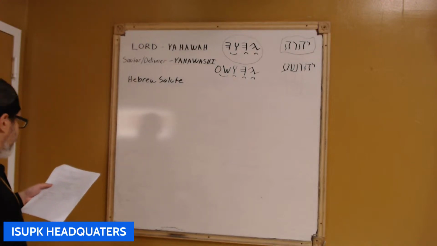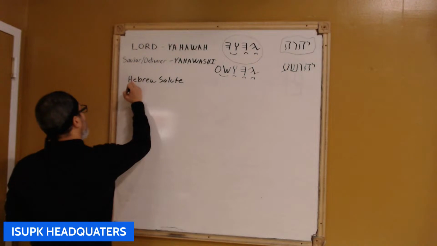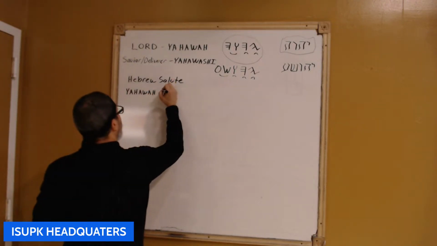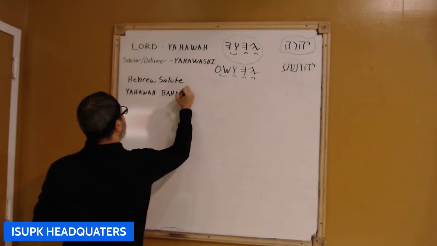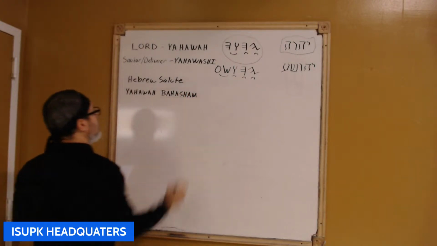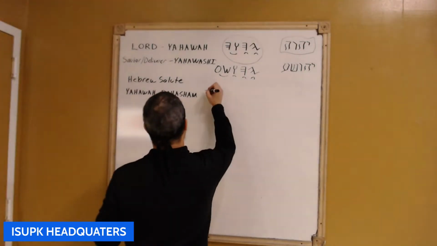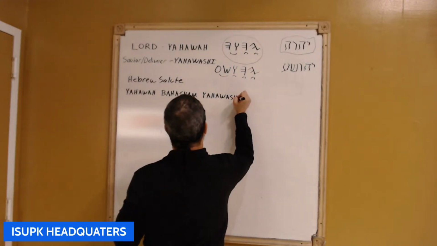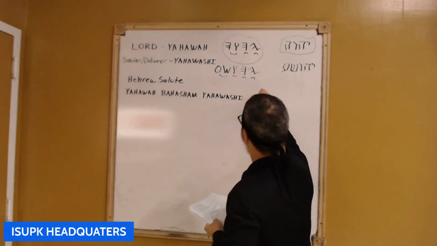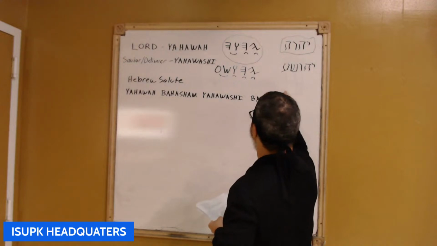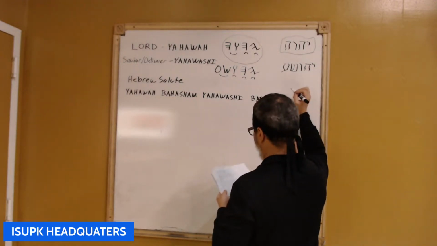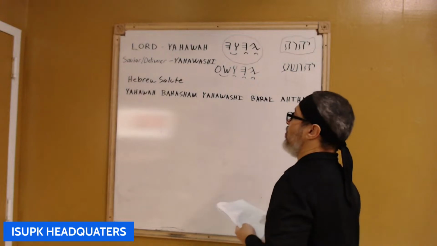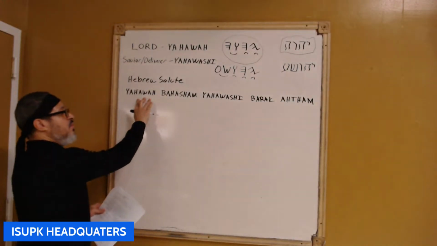And now that we know these words, we go Yahweh Bahasham, Yahweh Shai, Barak, a thumb. So we know Yahweh, Yahweh Shai.